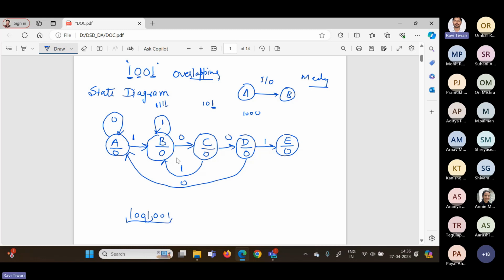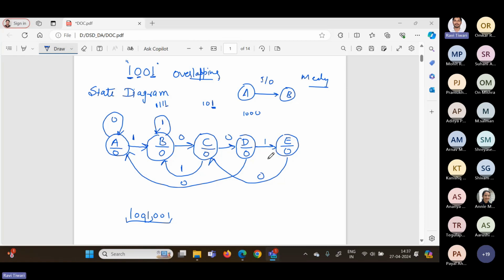And as in the Moore machine, you have to skip 1 plus the number of intersection bits, that are the overlapping bits. So here we have one overlapping bit plus one. So we have to skip two states. So from E, I will come to C whenever I get 0.